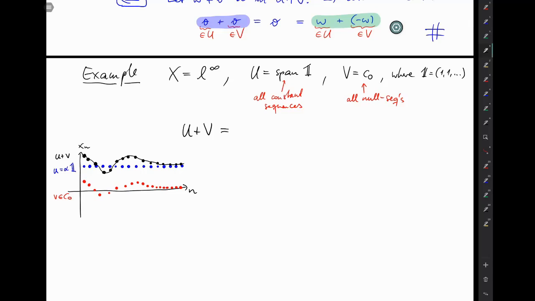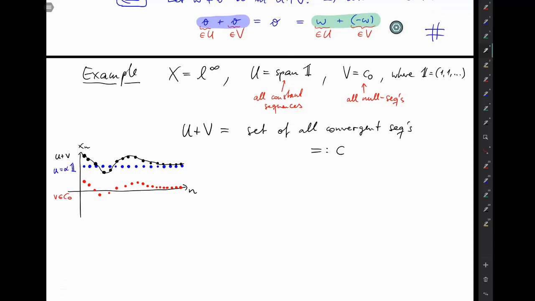So every such element in capital U plus capital V is a convergent sequence. But of course, conversely, every convergent sequence can be decomposed into a constant sequence, which is constantly the limit again and again and again, plus a null sequence. So at the end of this argument, you can just write that U plus V is the set of all convergent sequences. Let's abbreviate this by little c.